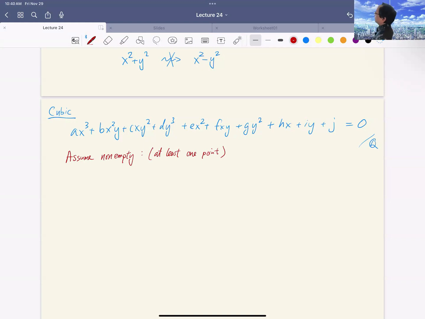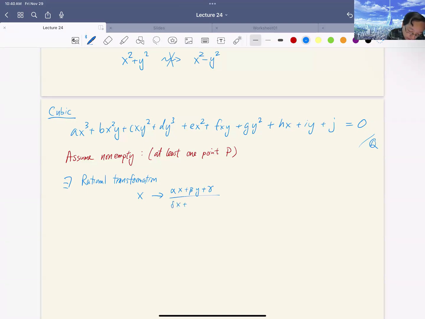So let's just assume we have one point, say P. Then it turns out that you can do a so-called rational transformation. There exists a rational transformation, which can be easily described using geometry.